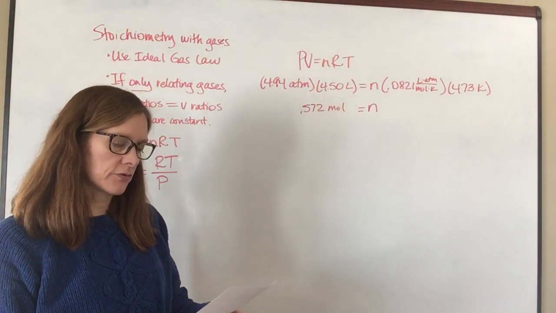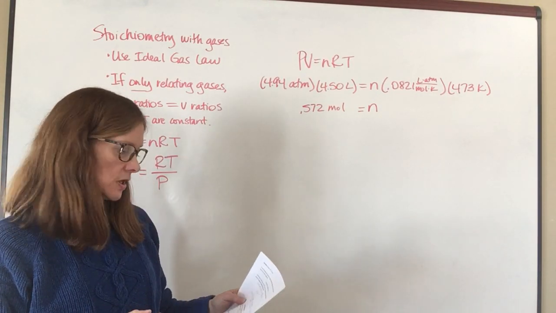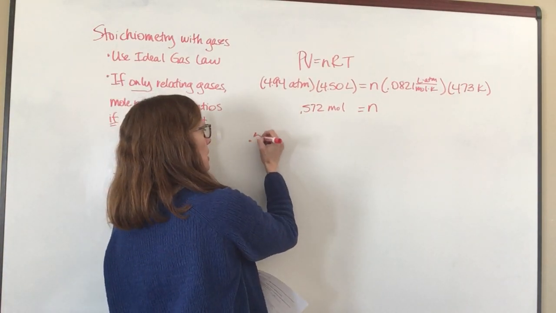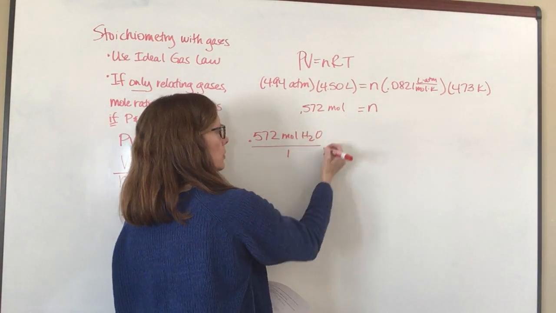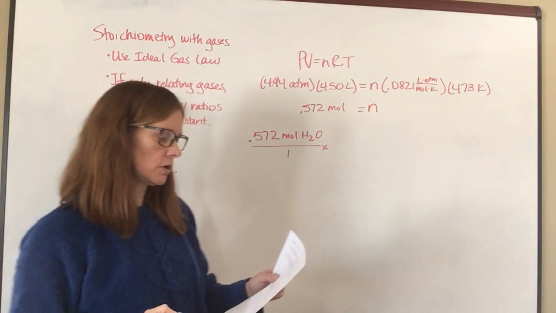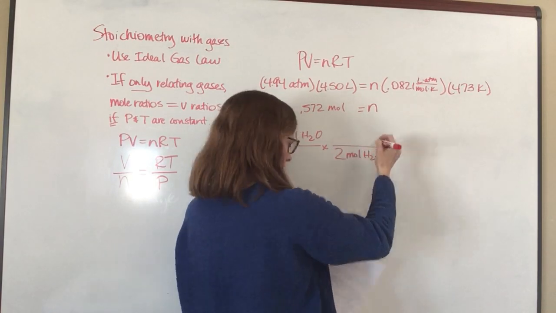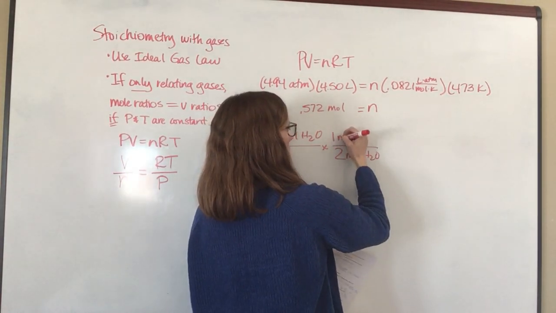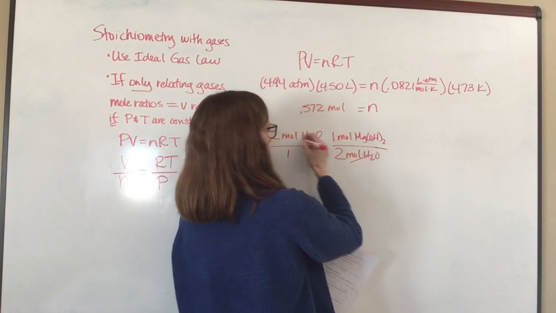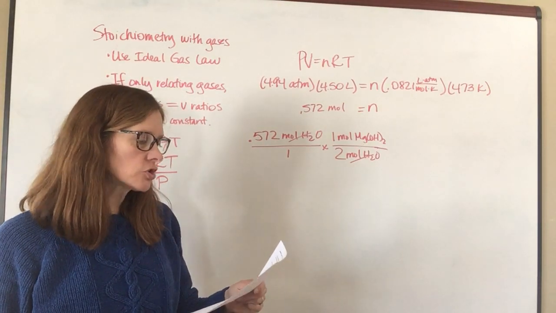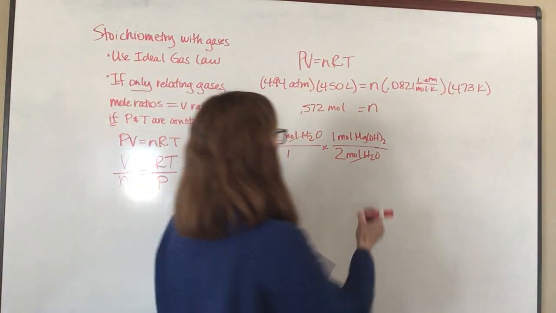So now that I have moles of water vapor, I can then take that and convert it to the amount of magnesium hydroxide that I will end up with. This is just the regular stoichiometry part, 0.572 moles of water. Put that over 1. From the balanced equation, you see 2 moles of water on the left-hand side, and you see 1 mole of magnesium hydroxide on the right-hand side, so moles of water cancels out. The question asks how many grams of magnesium hydroxide, so I'm just going to go ahead and convert that to grams.